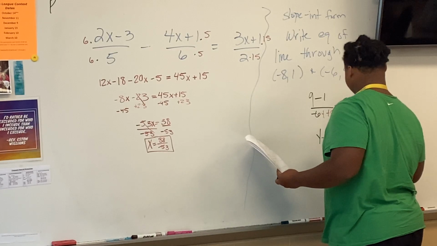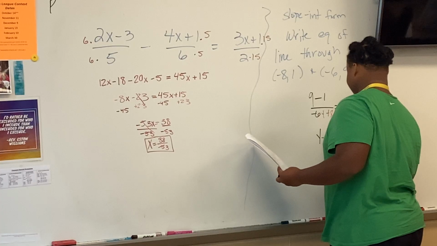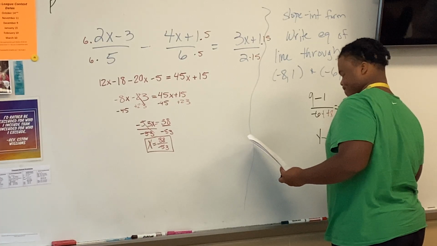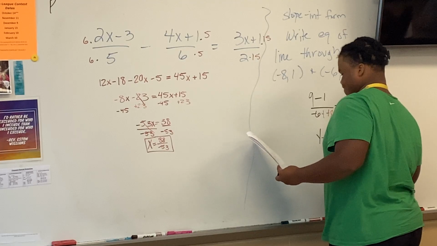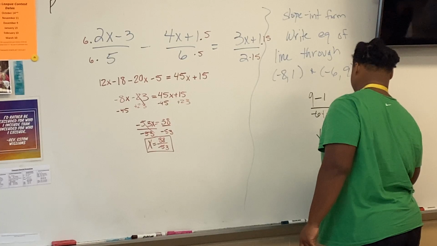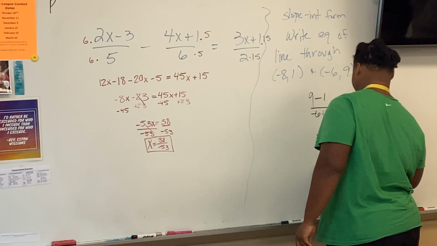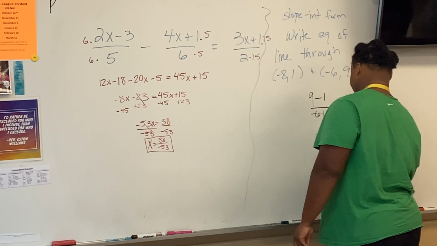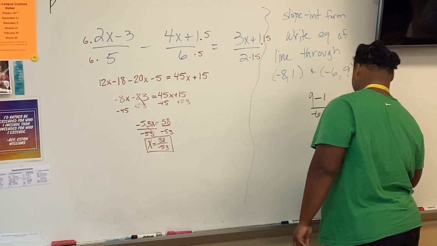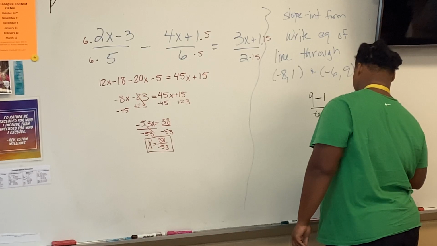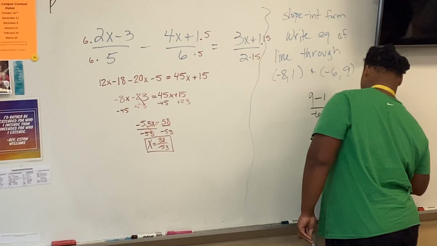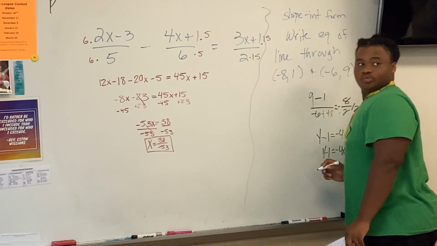Miss Ford, I got it wrong, but I don't know what I did wrong. Did you look at what's on the board? Compare it, see why you missed it. So negative 5, negative 20. And then this is negative 5.